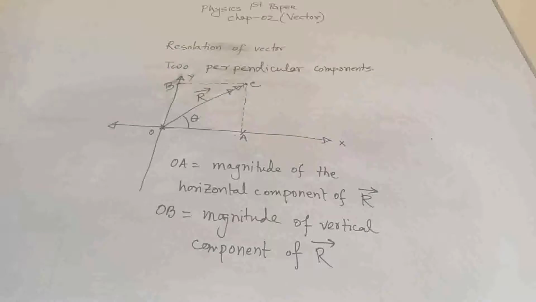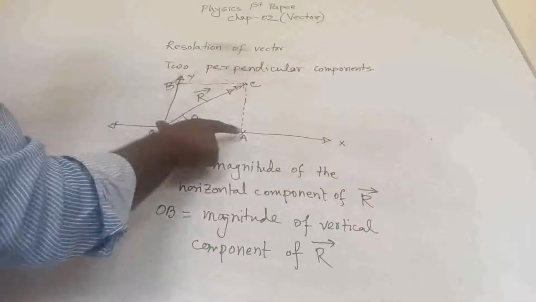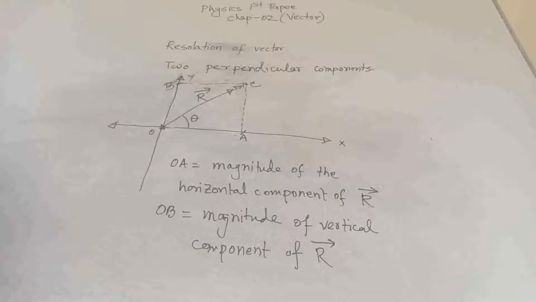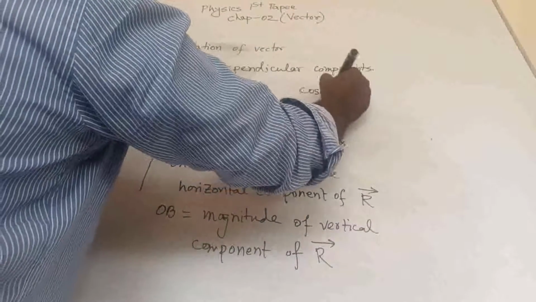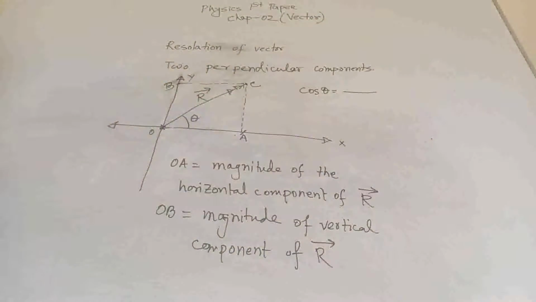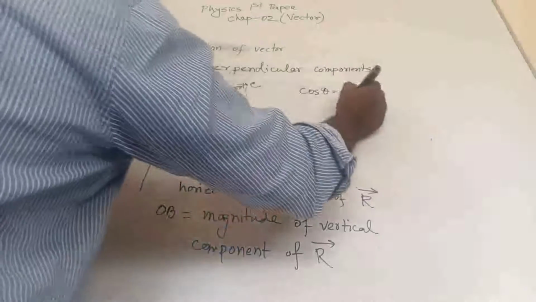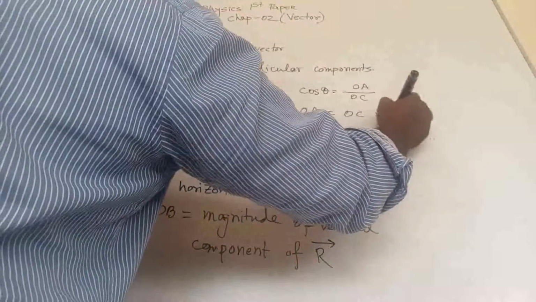Now, how can I get the value of OA? Look, this is the hypotenuse and we have to calculate the base. So let us take cos theta. Cos theta is equal to what? It is adjacent divided by hypotenuse. So adjacent is OA and the hypotenuse is OC. So we can write OA is equal to OC cos theta.